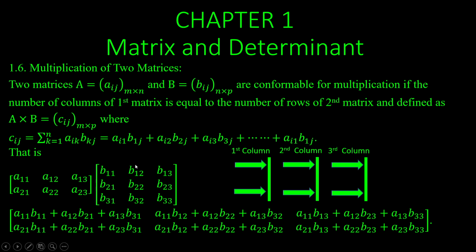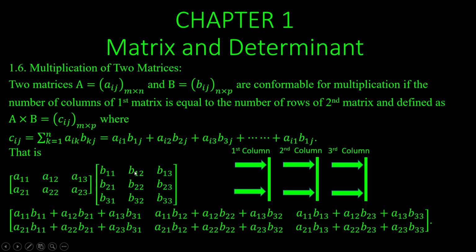Now, again we have to multiply all the entries of the second column of the second matrix by all the corresponding entries of the first row of the first matrix, and we get A11 B12 plus A12 B22 plus A13 B32.